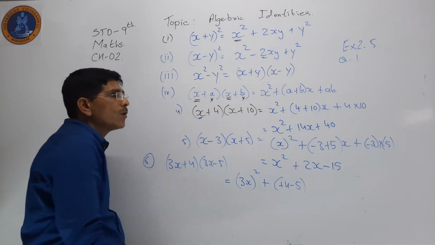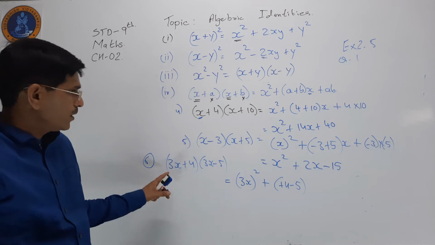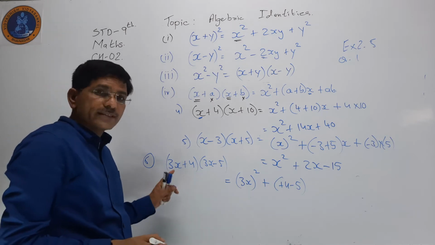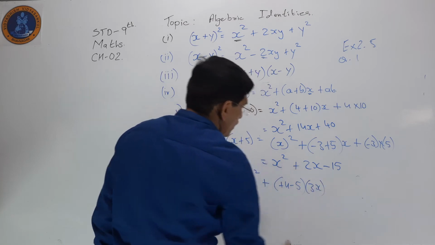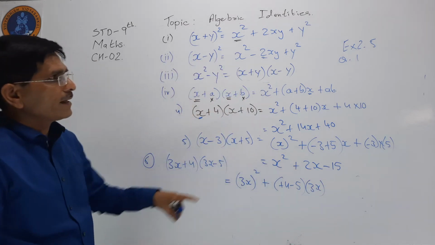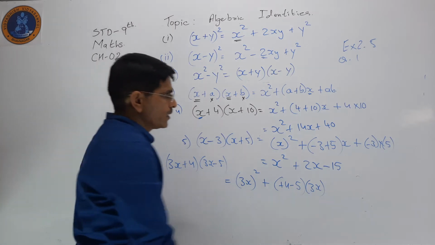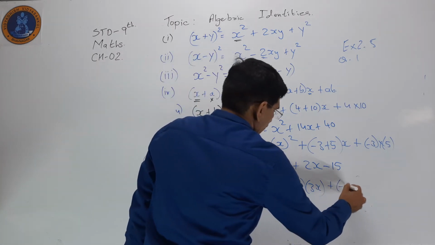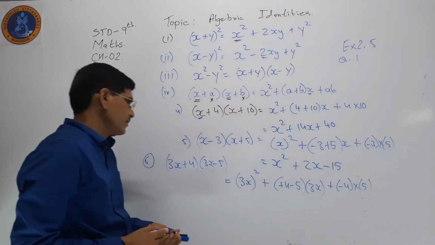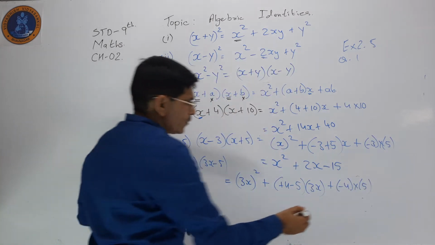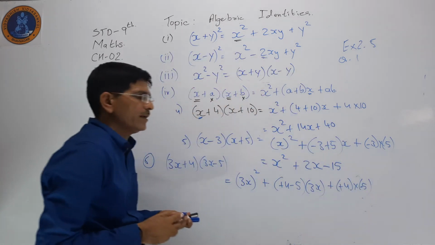Bracket over. Again x is there. So now don't put x equal to 3. It's 3x, so outside I have to write 3x. Now a into b, so plus 4 into minus 5.